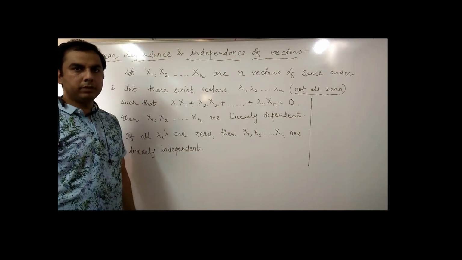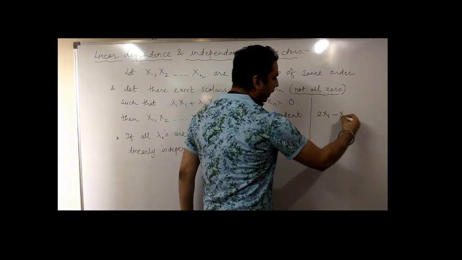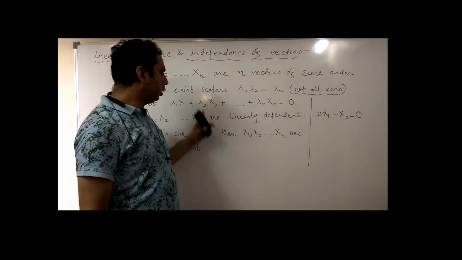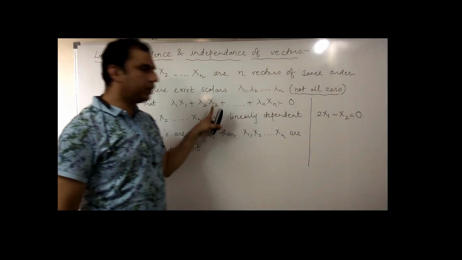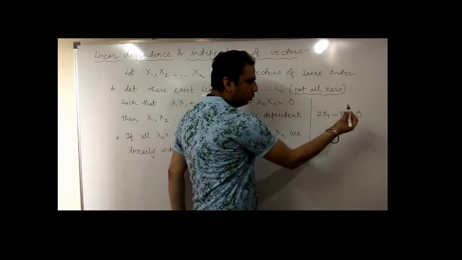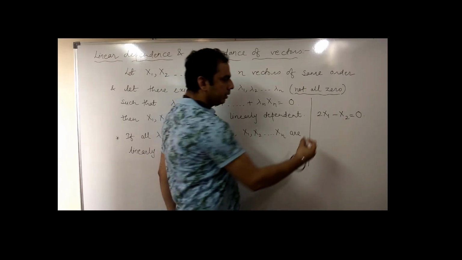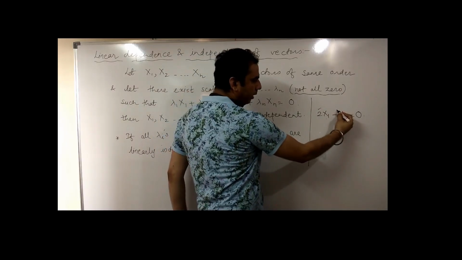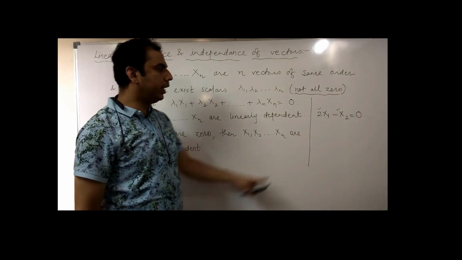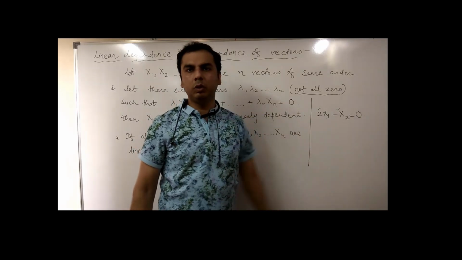As we have seen in the previous example, 2x1 minus x2 is equal to 0. We have got this relation. So you can compare this with the definition: two vectors x1 and x2 are said to be linearly dependent if there exist scalars 2 and 1, and definitely they are not 0, such that lambda 1 x1 plus lambda 2 x2 is equal to 0.